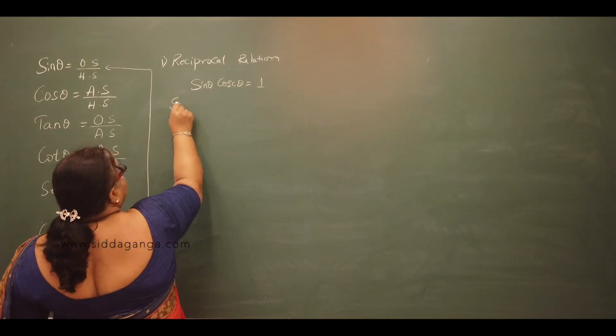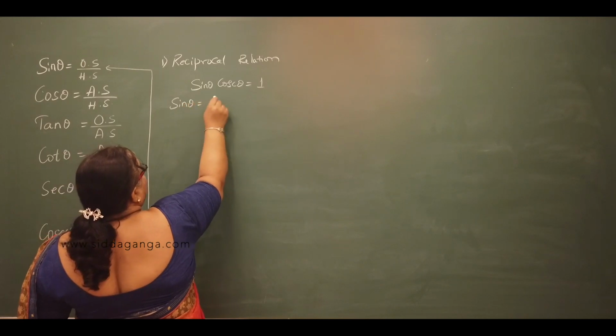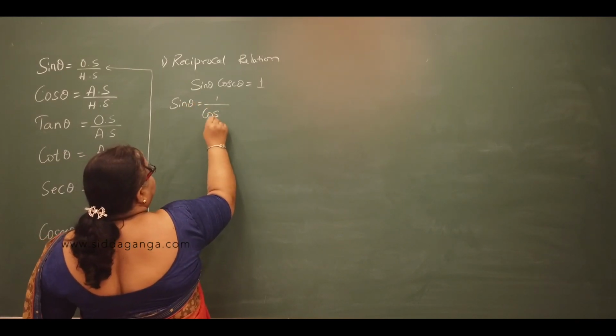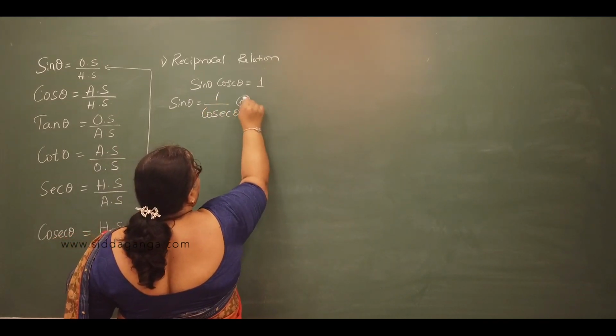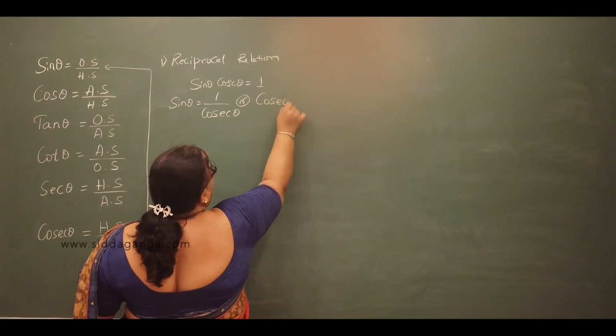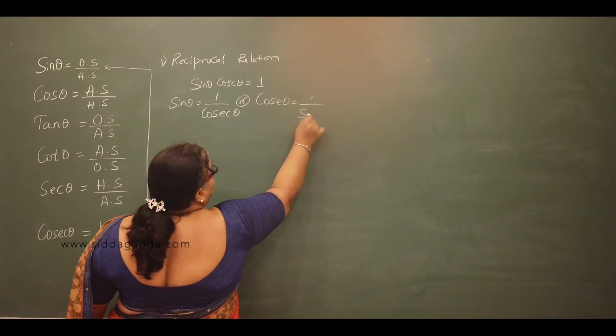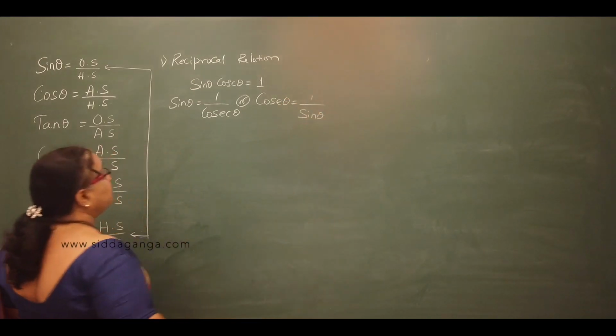Therefore sine theta equals 1 divided by cosec theta, or we can write this as cosec theta equals 1 divided by sine theta.